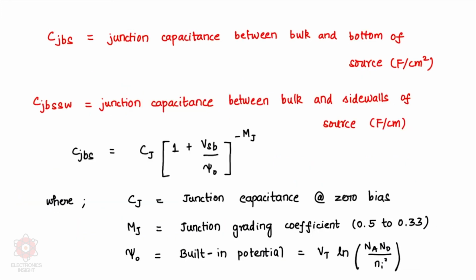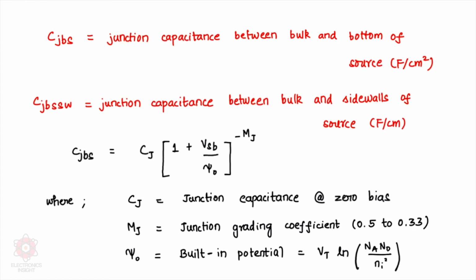The explanation for CJBS is given here, where the junction capacitance can be written as Cj into (1 plus VSB by psi naught) power minus Mj, where Cj is the junction capacitance at 0 bias. When you don't have any biasing, we write it as Cj, and VSB is nothing but the source to bulk voltage.